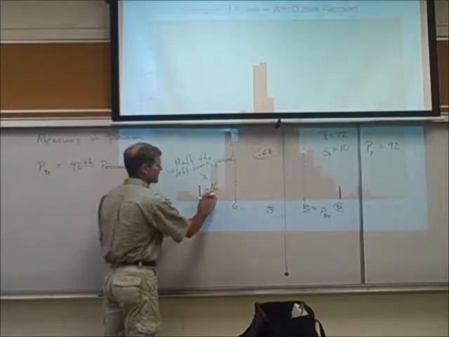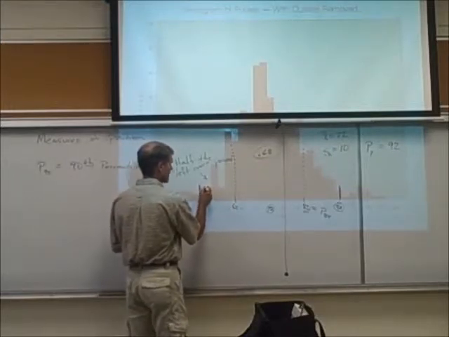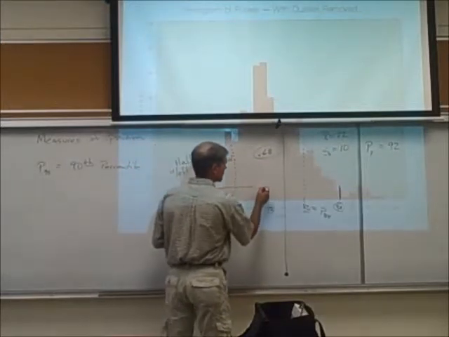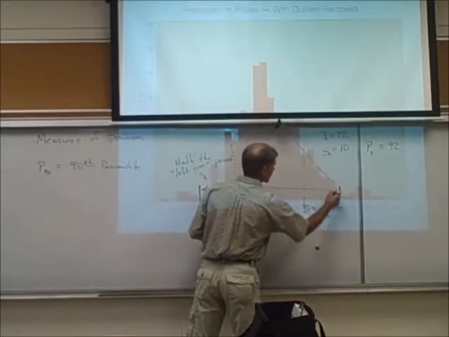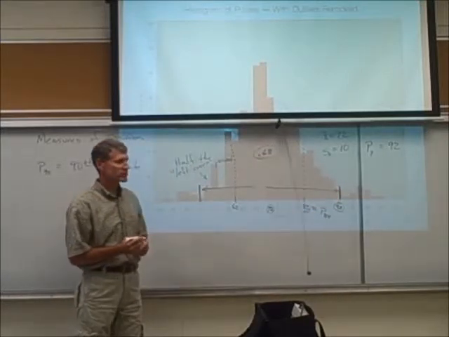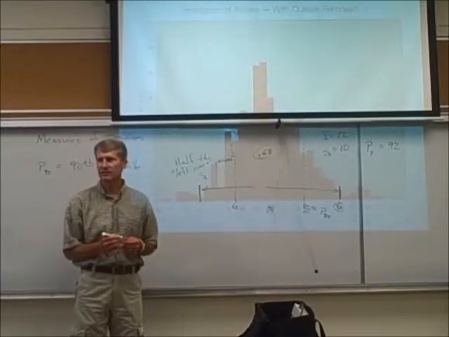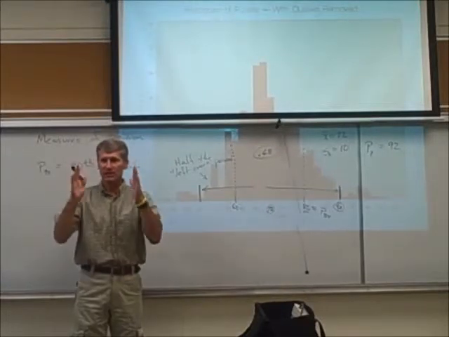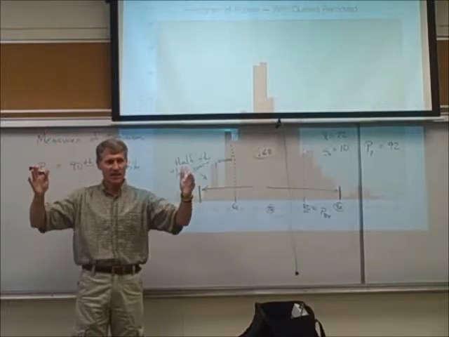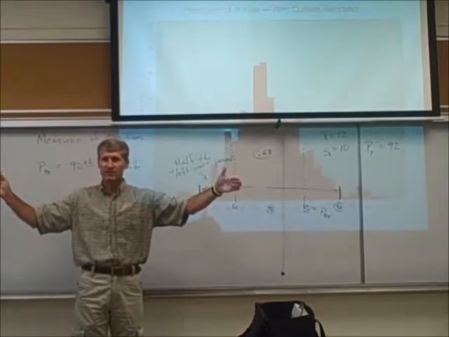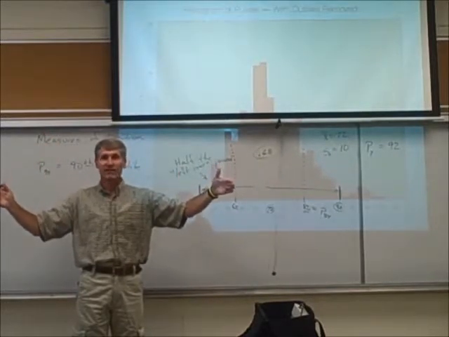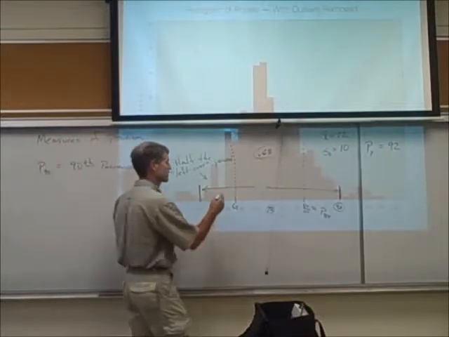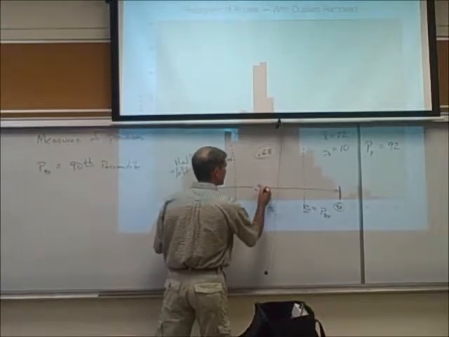Right? Now, in between those two lines is what percent of the population? 95% by the empirical rule. We got 68, then at 2 we have 95, and at 3 we have 99.7. Right? So this one is 0.95.